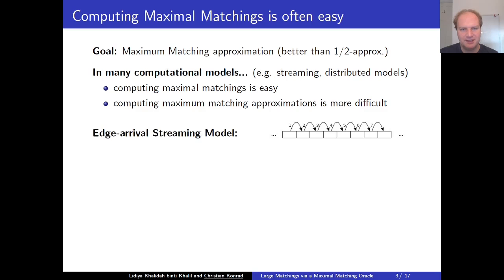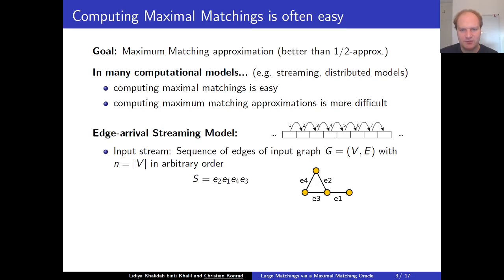For example, in the data streaming edge arrival model, a data streaming algorithm is characterized by the fact that input is accessed only in a linear fashion, so item by item. A graph stream typically looks as follows. We have some input graph, and the algorithm simply sees a sequence of the edges of the graph in arbitrary order.